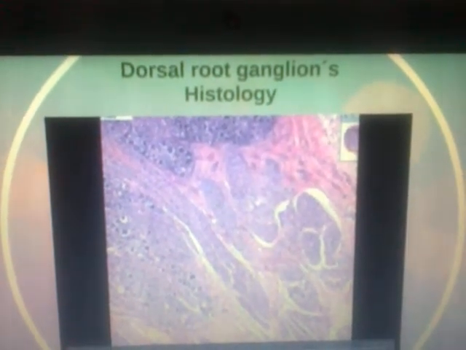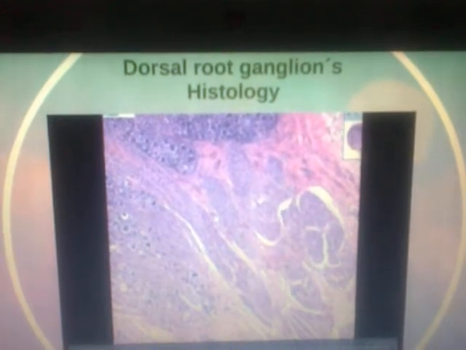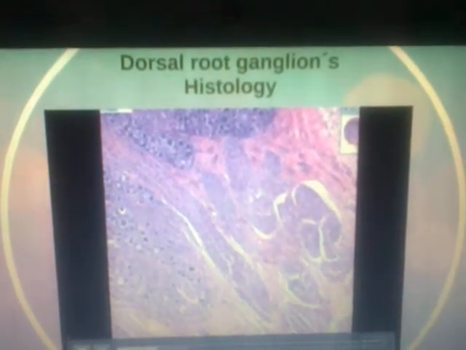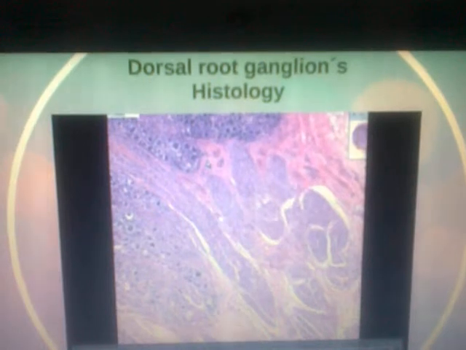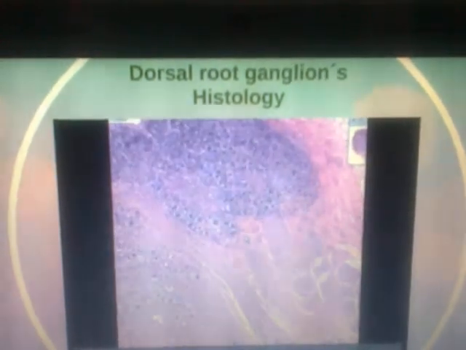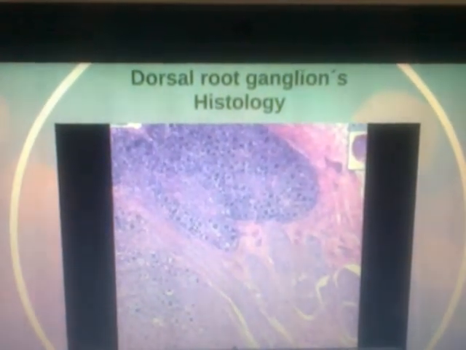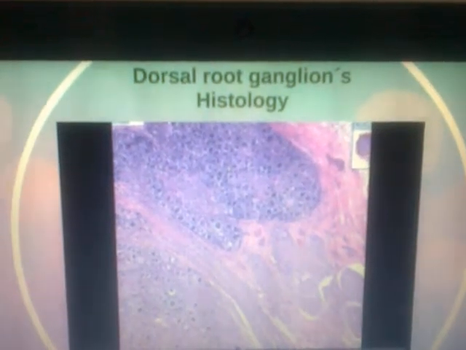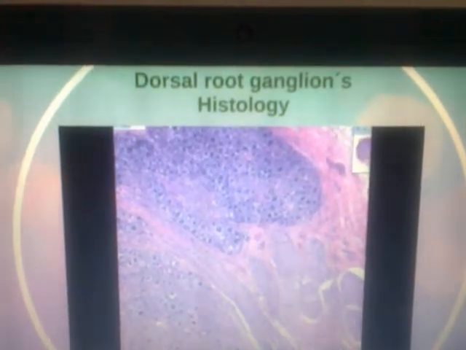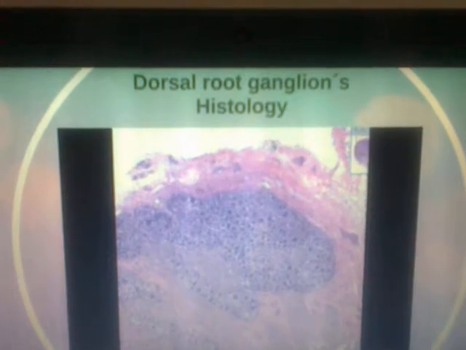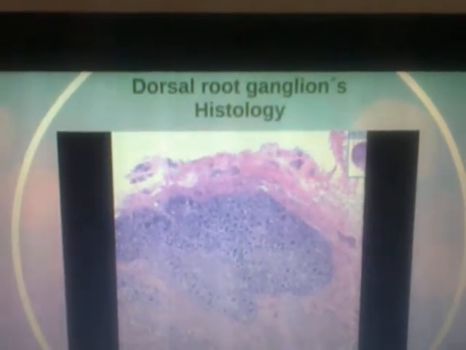They're wavy, they're loaded with Schwann cells, and we could see that all of these big nerves are in very close proximity to another type of tissue which has huge cells. This is a ganglion. This is a dorsal root ganglion, or DRG.